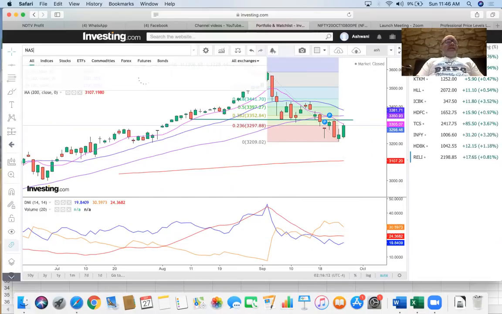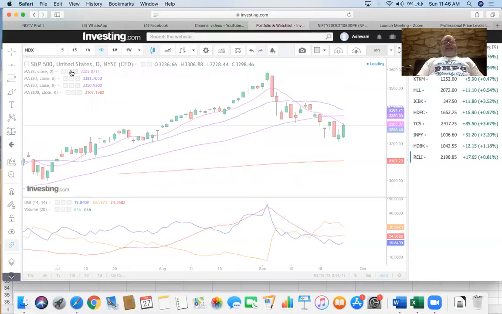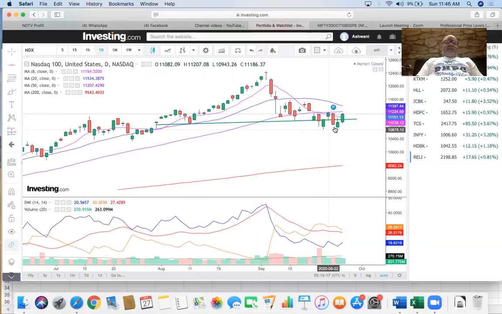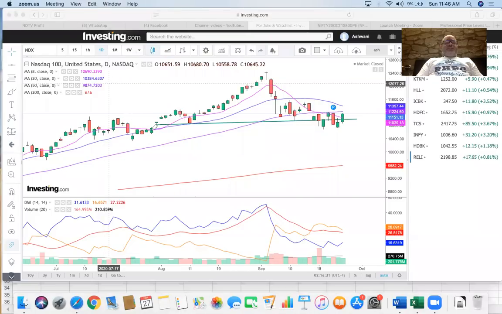On Nasdaq, again, it's kind of outperforming, but still, these dome type formations are not the most positive. So if another round of decline starts again, this 9600 zone could come into play.